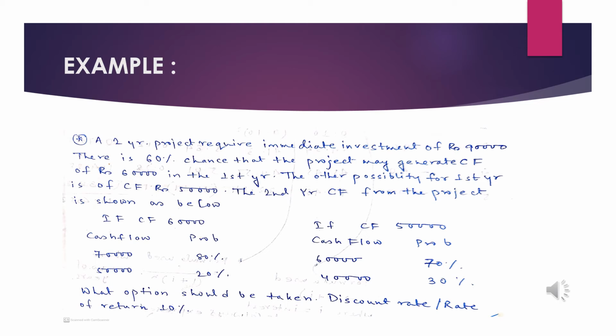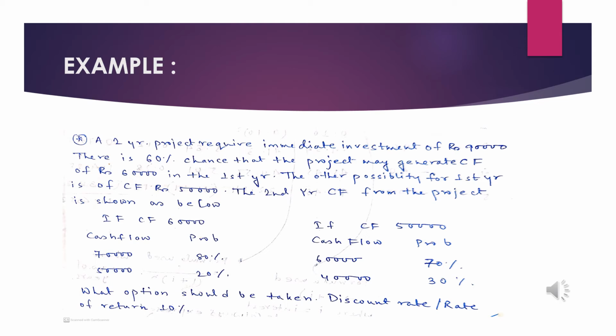The second year cash flows are as follows. If the cash flow is 60,000 in the first year, the project may receive a cash flow of 70,000 in the second year with a probability of 80%, and with a probability of 20% a cash flow of 50,000.